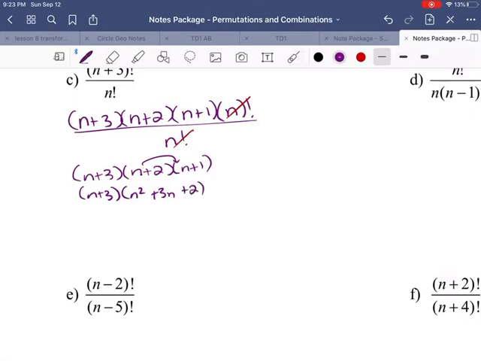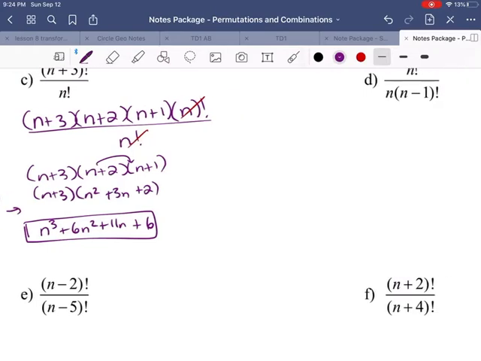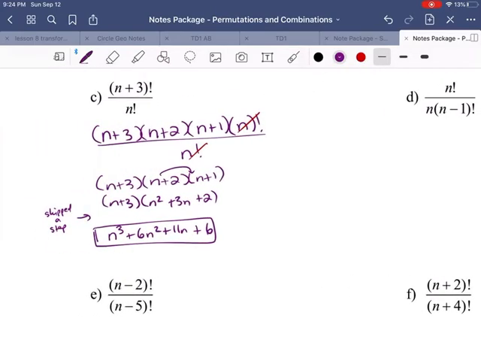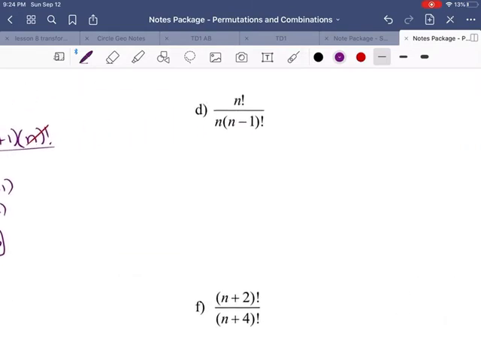And then again, if you expand all this, you'll make it all the way down to n cubed plus 6n squared plus 11n plus 6. I skipped a step here, and the step was expanding all these terms.